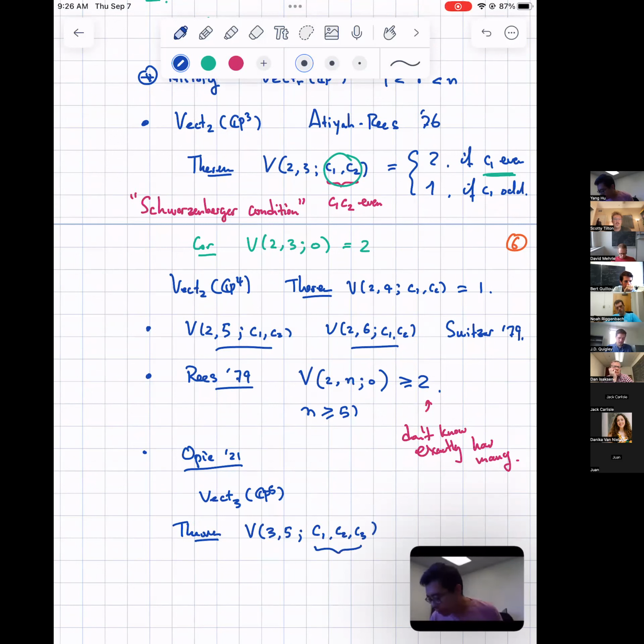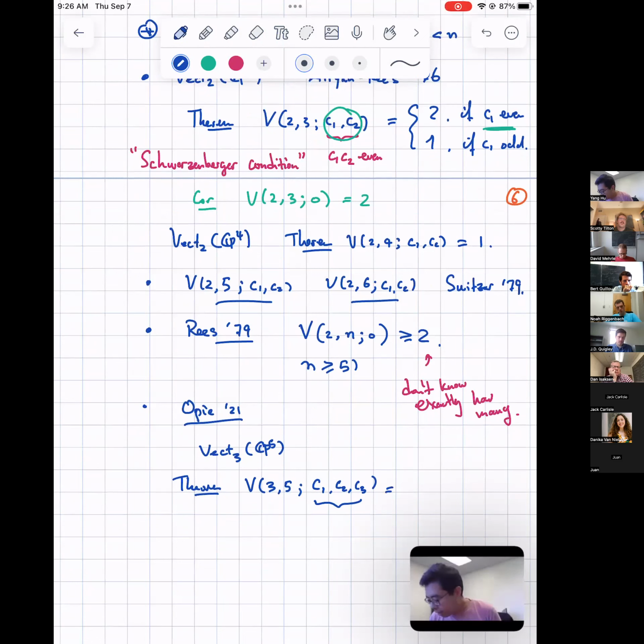And again, for these Chern data to be realizable, some Schwarzenberger condition has to be satisfied. But once we have that, this enumeration is 3 if both C1 and C2 are 0 modulo 3, and this result is 1 if C1 or C2 is non-zero modulo 3.